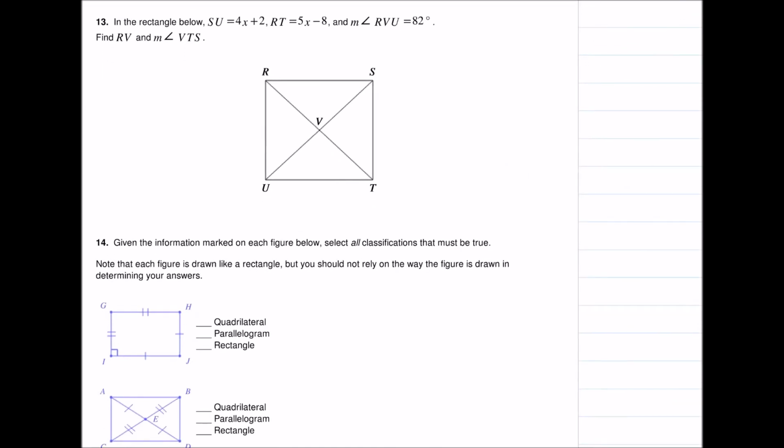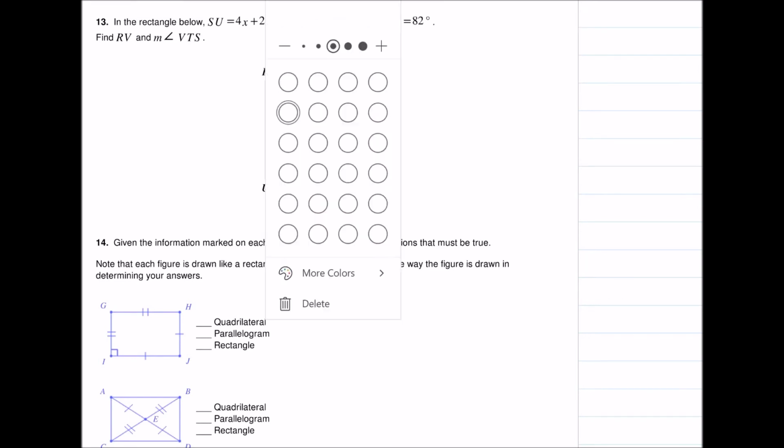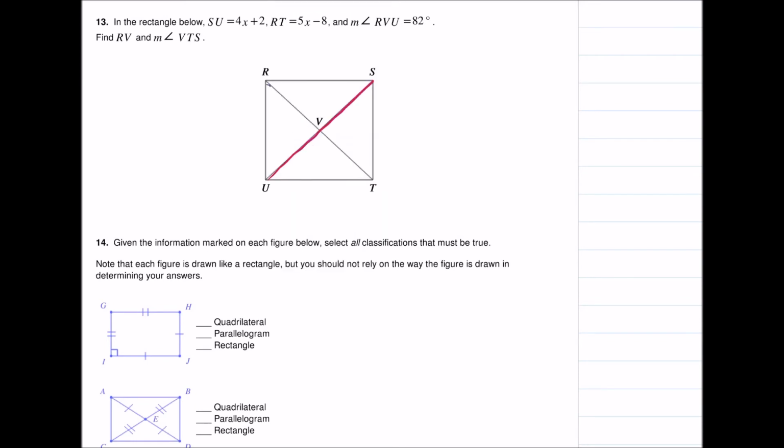13. For the rectangle below, they give you SU. SU is 4x plus 2, and RT is 5x minus 8. By looking at these two diagonals and based on the rectangle property, diagonals are equal to each other.